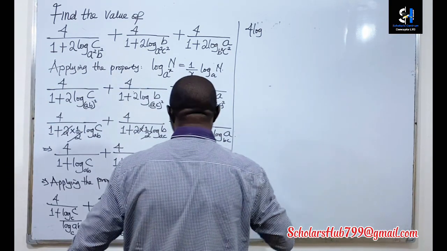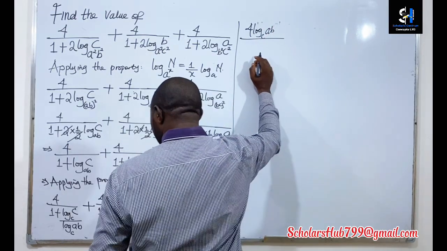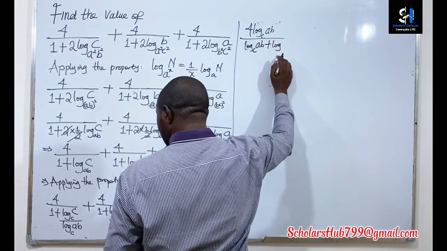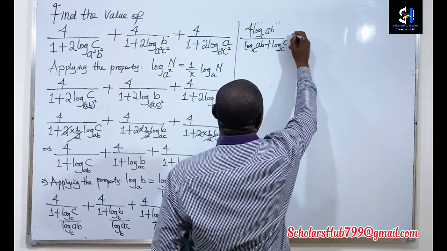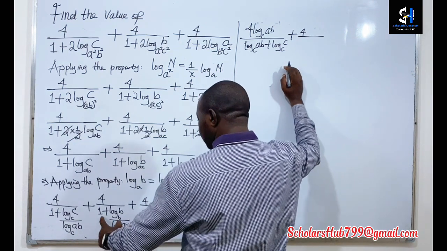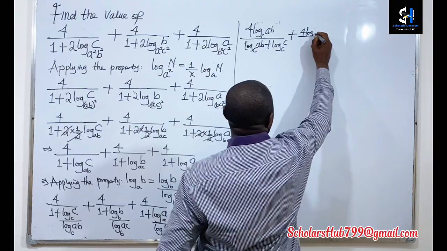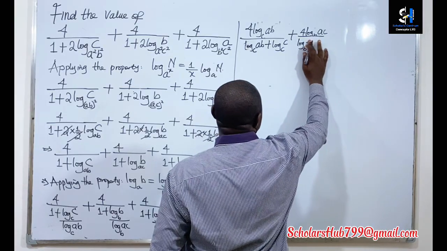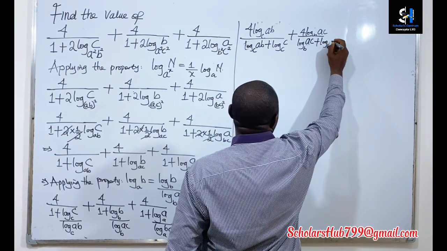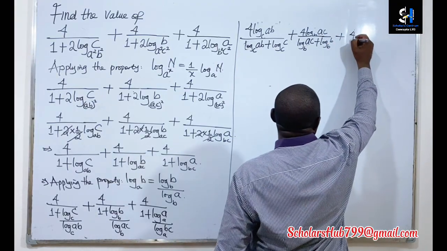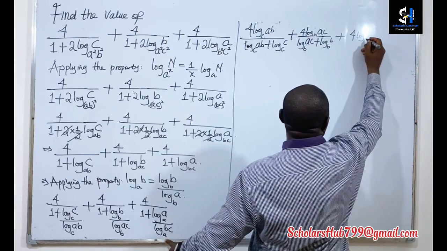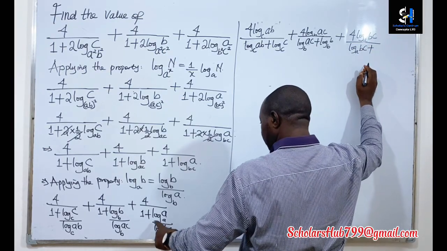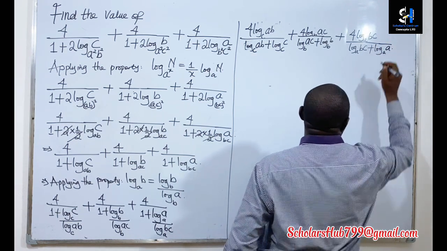So 4 logarithm to base c of ab divided by logarithm to base c of ab plus logarithm to base c of c, then plus 4 logarithm to base b of ac divided by logarithm to base b of ac plus logarithm to base b of b, then plus 4 logarithm to base a of bc divided by logarithm to base a of bc plus logarithm to base a of a.